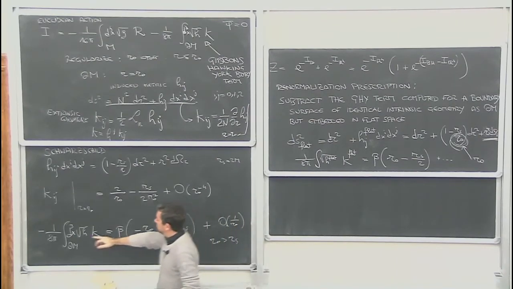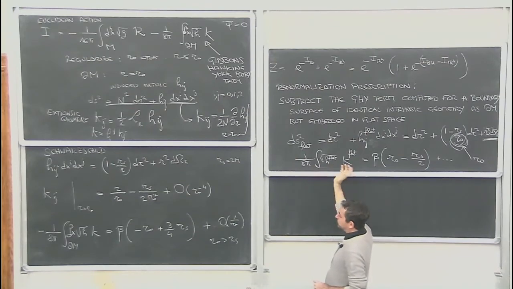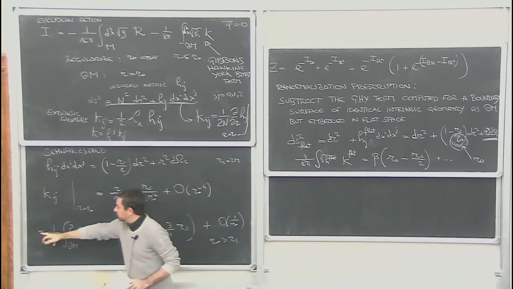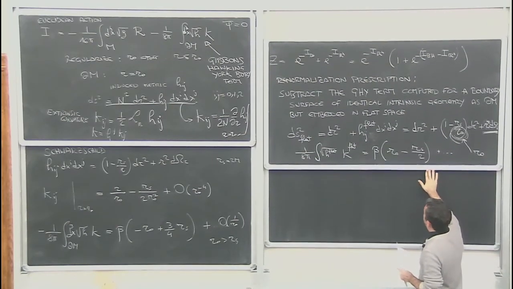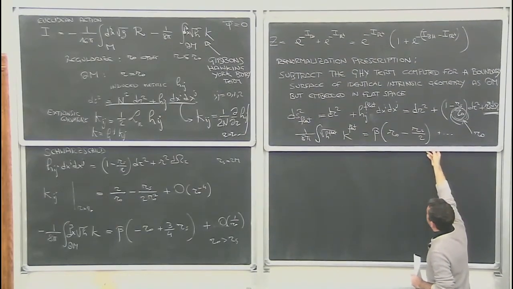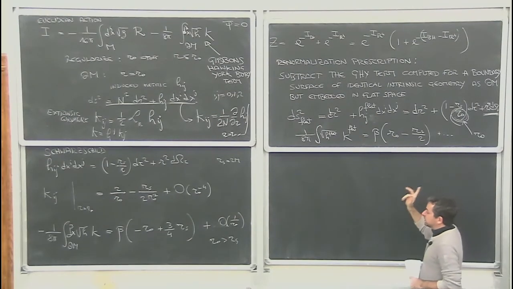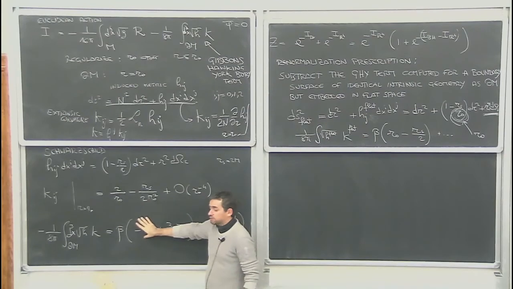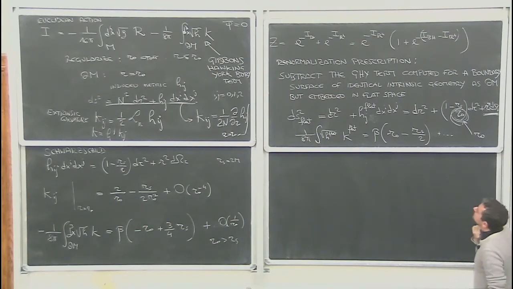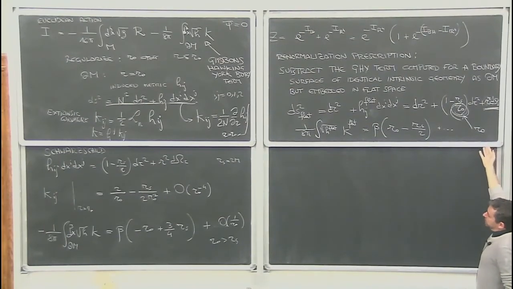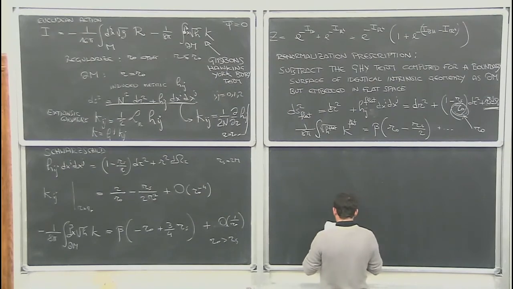The opposite sign is because here I'm already computing 1 over 8 pi, I'm already subtracting this from this. And here a plus. I'm going to write the final answer in a second, but you see the divergence will cancel, but it's not the same as having forgotten the divergence here, because I get a finite term here too. The point is that, let me first write the final answer.